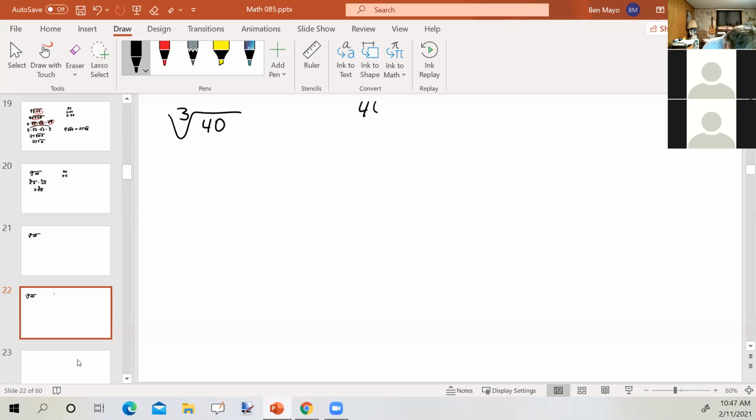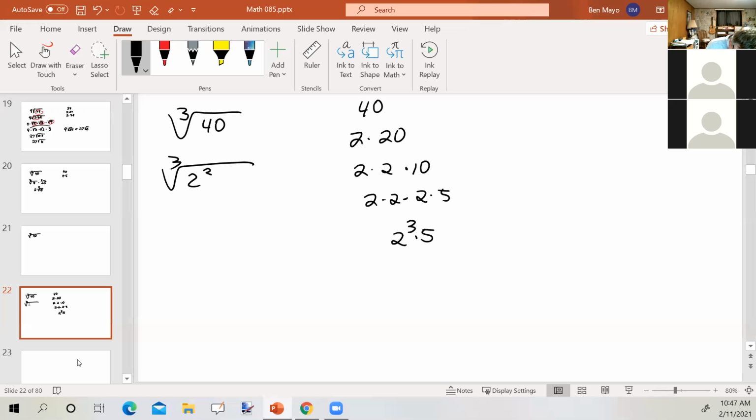You could take 40 and break it down into prime factors. Okay, so 40 is equal to 2 to the 3rd power times 5. So now I'm going to rewrite this as 2 to the 3rd power times 5. Okay, I could split that up.